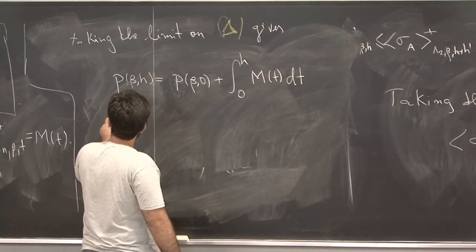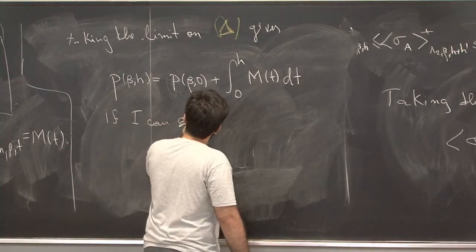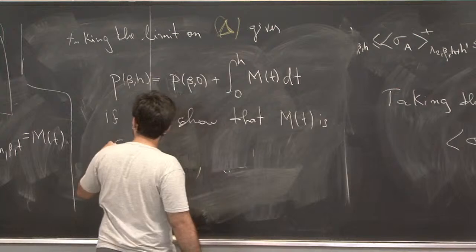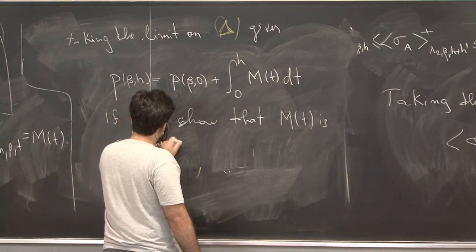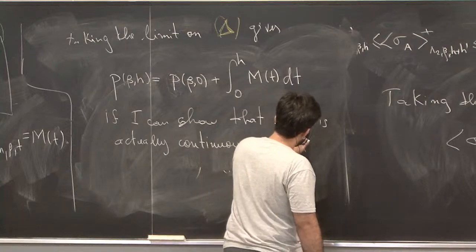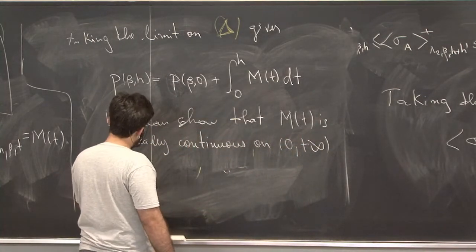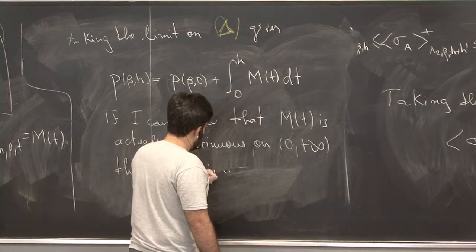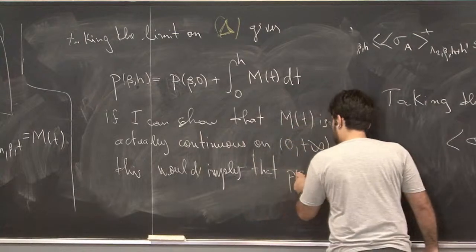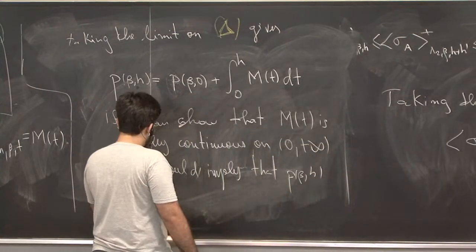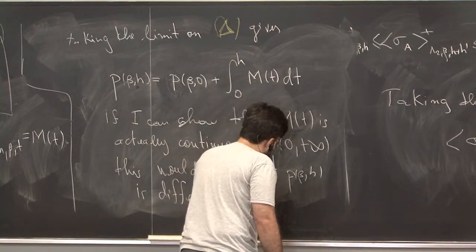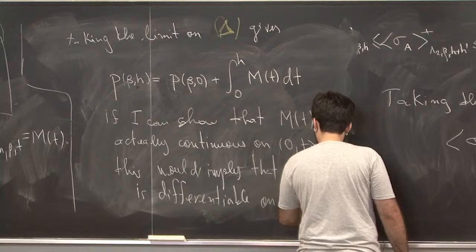So if I can show that m_t is actually continuous on 0 plus infinity, this would imply that the pressure P beta of h is differentiable on the same interval, okay?